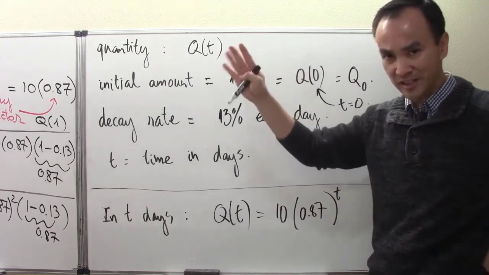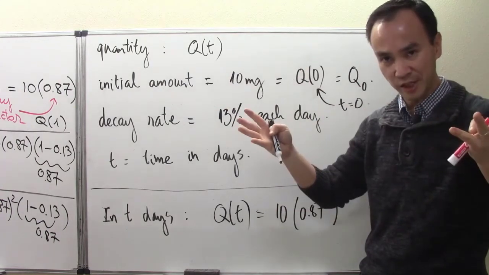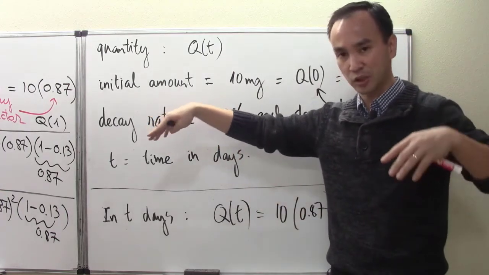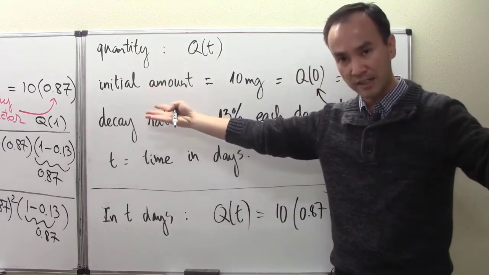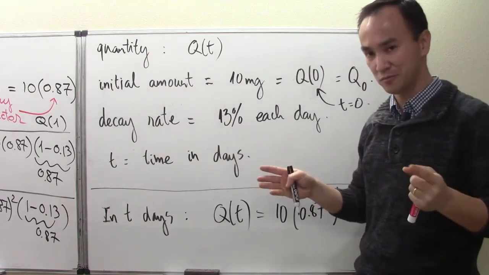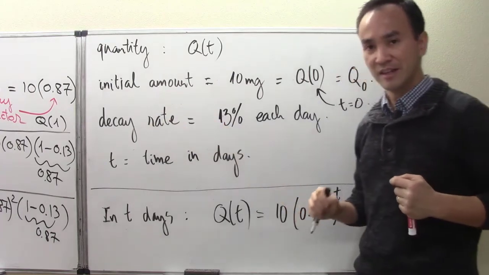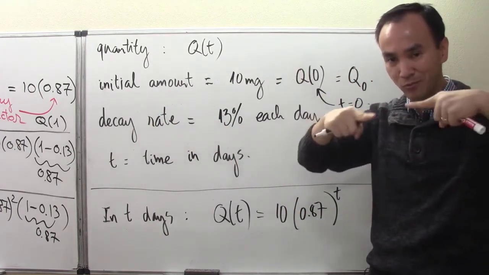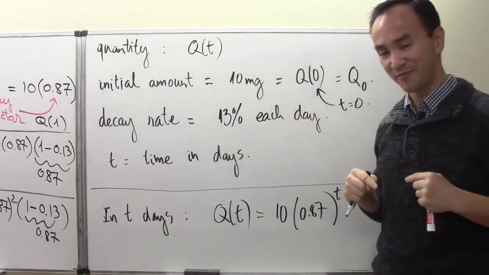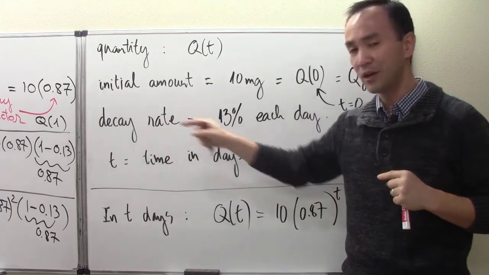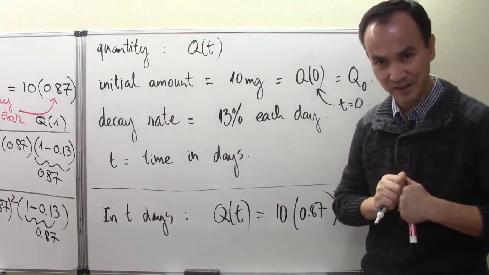Some processes are gaining or growing on their own, but some other processes are losing on their own. A process that's growing on its own, we call a growth. Processes that are losing on their own, we call a decay. And the proportion indicating how much it changes, if it's a growing problem, we call a growth rate. And if the quantity is losing on its own, we call that a decay rate. All right.